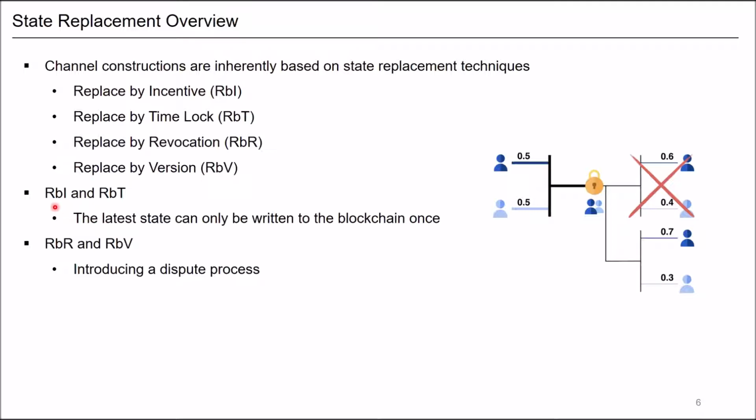For RBI and RBT, the latest state can only be written to the blockchain once. RBR and RBV introduce a dispute process where the counterparty can provide evidence that a state submitted to the blockchain is invalid.